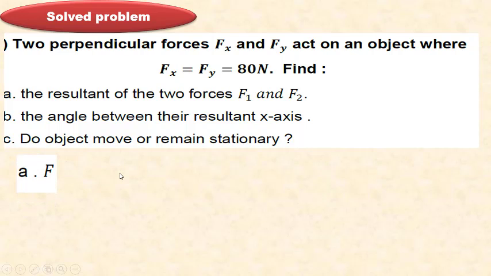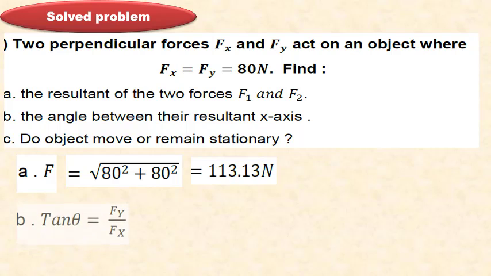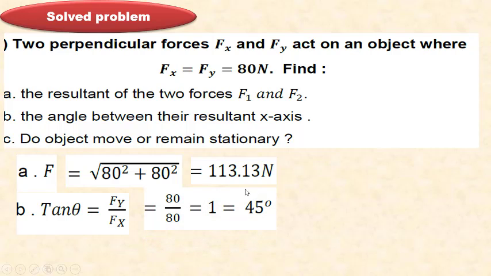Number A: F equals the square root of Fx squared plus Fy squared, 80 to the power 2 plus 80 to the power 2 under the square root. The answer will be 113.13 Newton. Tan theta will be x over y, 80 over 80, shift tan, so the angle will be 45 degrees. Does the object move? Yes, it will move.